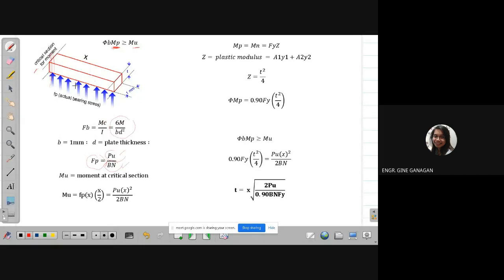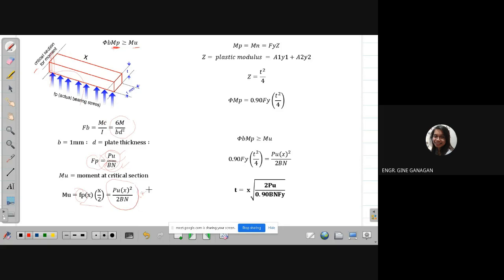So pag nag-moment tayo dyan, FP times X over 2. Nag-moment tayo dito. Okay? And then substituting yung equation ng FP, yung PU over BN, makukuha natin itong equation. So yan yung equation natin for the MU.